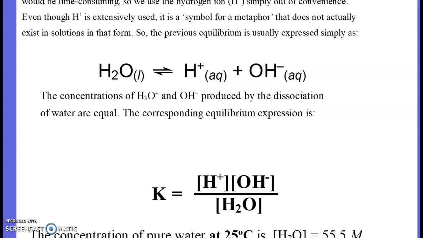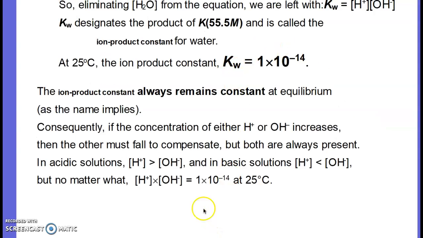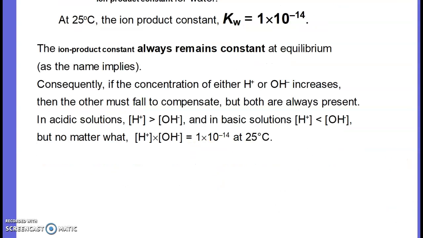So these are going to be in the same concentration, right? So if you're multiplying these, this is equal to 1 times 10 to the negative 14th, what's the concentration of the hydrogens? What's the concentration of the hydroxide? Think about this as your unknowns, and you know this is the rate that water dissociates. Talk a little bit more at 25 degrees.